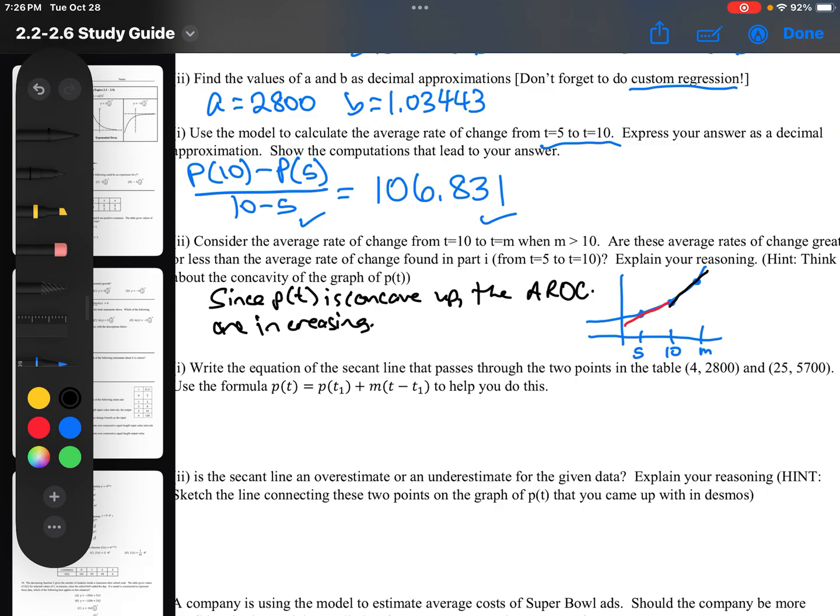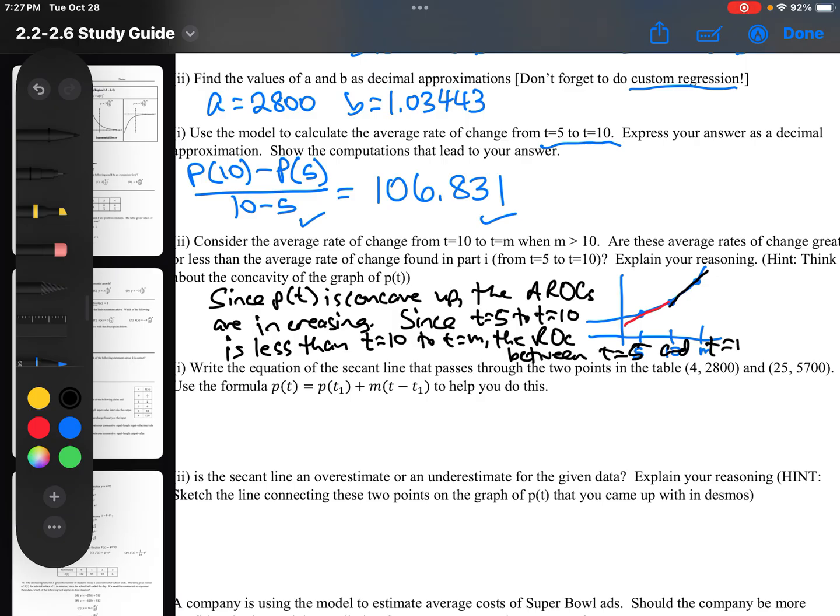My handwriting is awful, I'm so sorry. So the average rates of change are increasing. Since t equals 5 to t equals 10 is less than t equals 10 to t equals m, the rate of change between t equals 5 and t equals 10 is less.